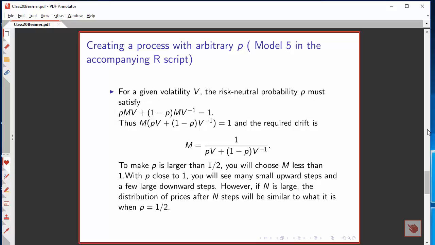When you look at graphs of the time evolution of the price, this looks highly significant. However, you'll discover that for a large number of steps, the distribution of prices after n steps won't be much different from when it is in the simpler case where p equals 1/2, and the reason is the central limit theorem.